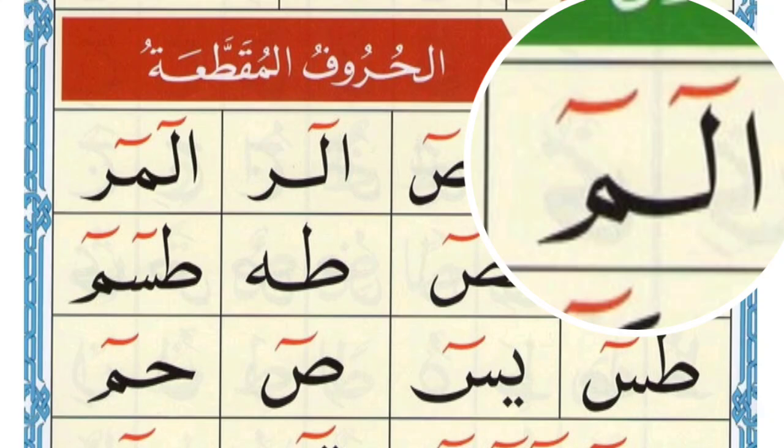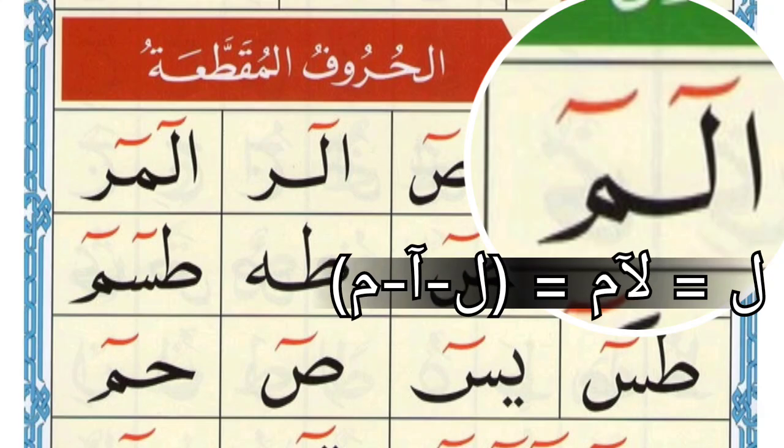This is the rule. But the rest of the letters, we stretch depending on the number of letters existing inside the letter's name. So the letter Lam contains 3 letters. While pronouncing Lam, if you write it, you'll find it in that shape: Lam, Alif, Mim, or in English, L-A-M inside the letter Lam.